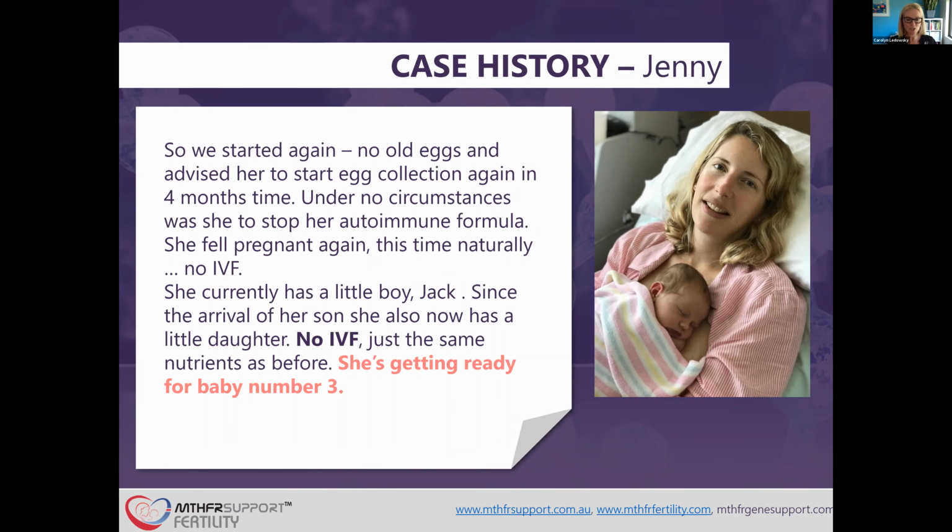We put her on our special autoimmune formula as well, and she fell pregnant, and there's little baby Jack. She then had a second pregnancy not long after, about 18 months, and she had a little girl, and she's now trying for her number 3. No miscarriages, no failed IVF, no nothing.